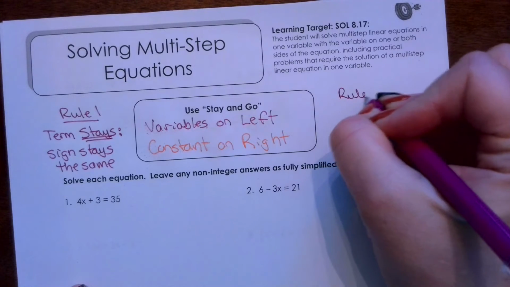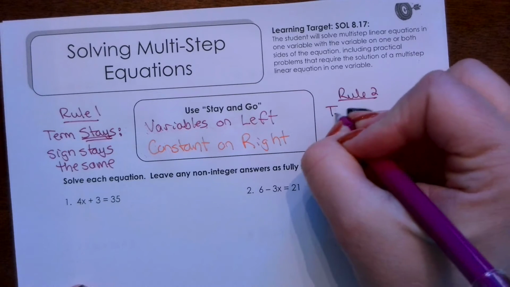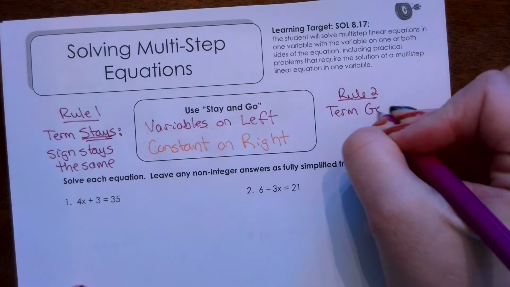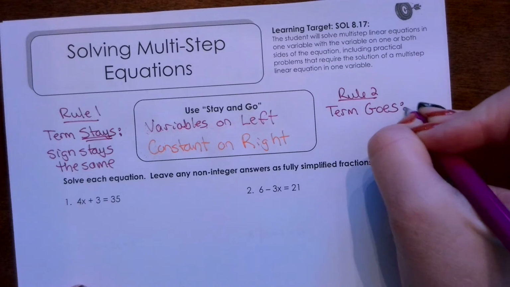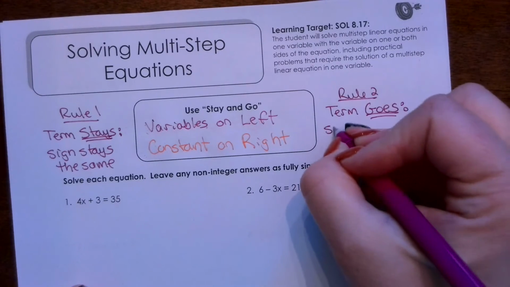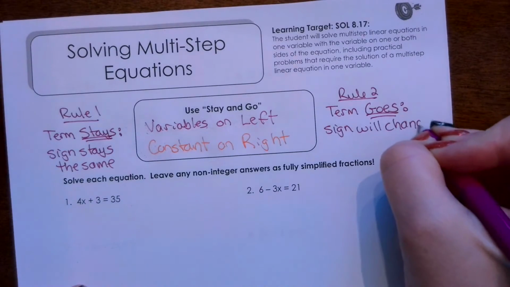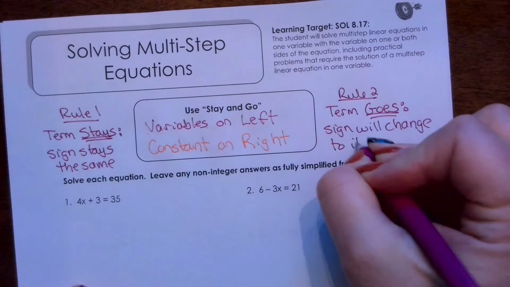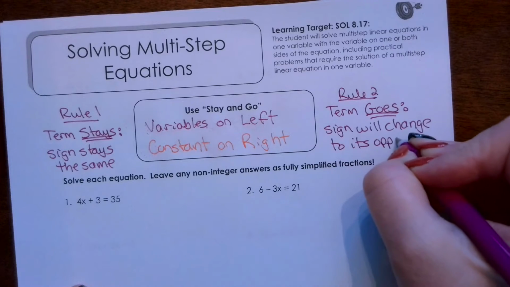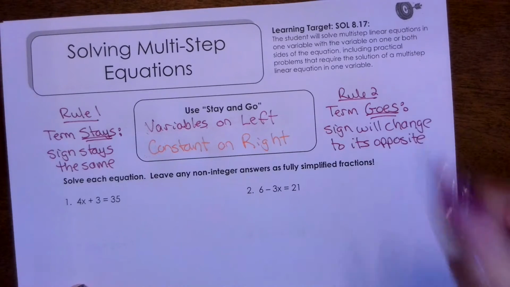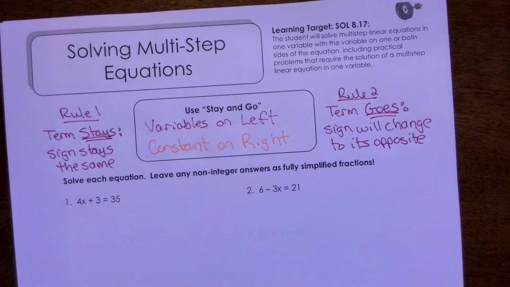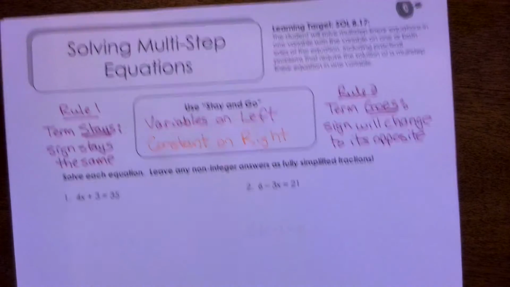Rule number two, if a term goes, so you're moving it from one side to the other, the sign will change to its opposite. So if you're moving a term from one side to the other and it's positive, it will be negative on the other side. If it's negative, it will be positive.